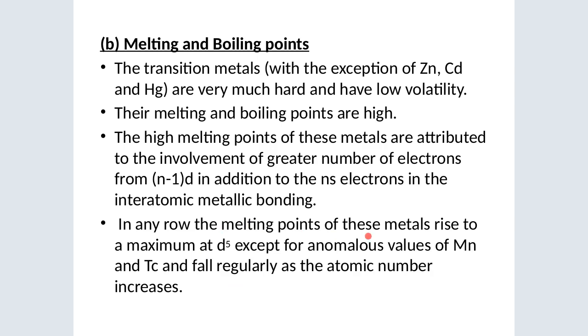In a row, the melting points would rise to a maximum at around d5, and after that, regularly they reduce as atomic number increases. So there are some exceptions, as you would see in manganese and in technetium.